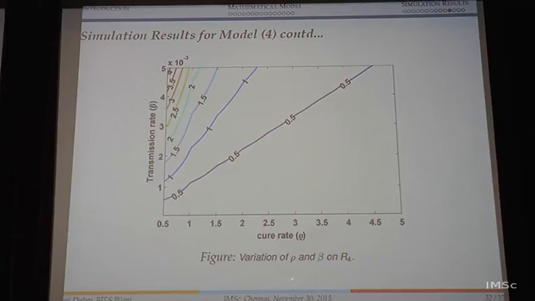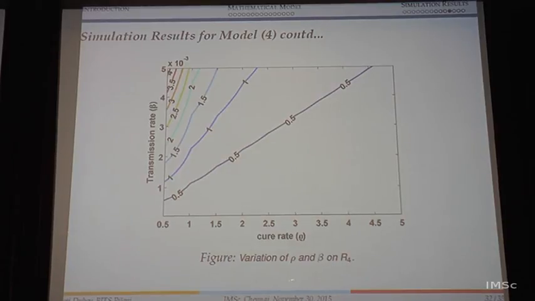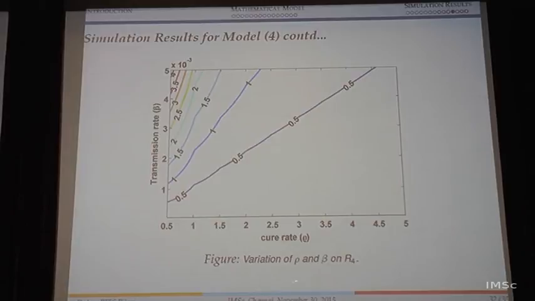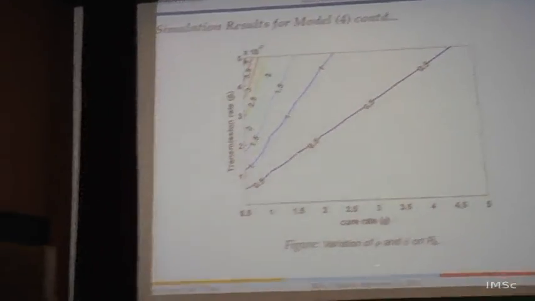And here it seems that there is a clear relation between alpha, cure rate and transmission rate with the ratio. I just stabilized the relation between beta and rho and kept all the other parameters, because R0 is dependent on other parameters also. So I just tried to look into which parameters it is more sensitive to. Okay.